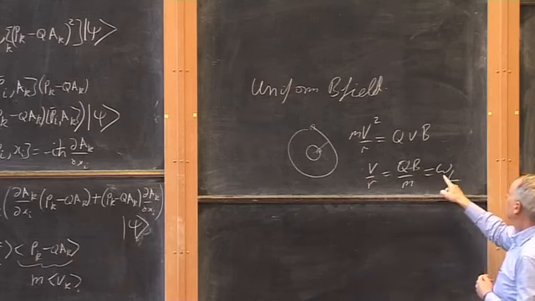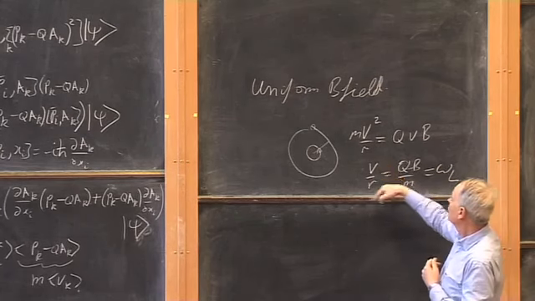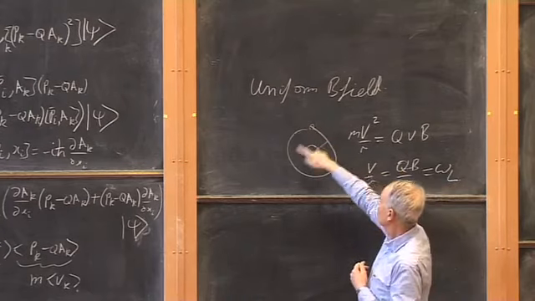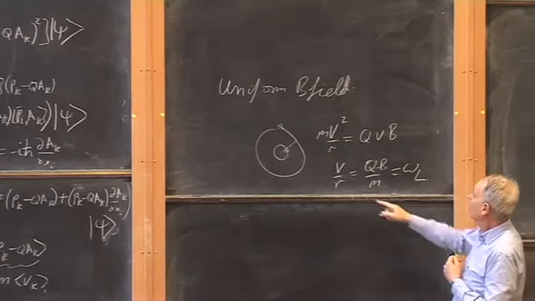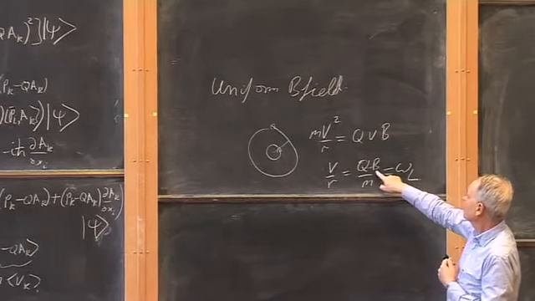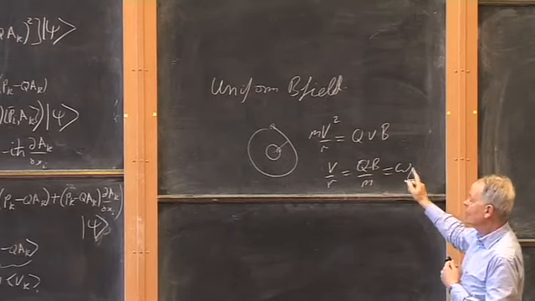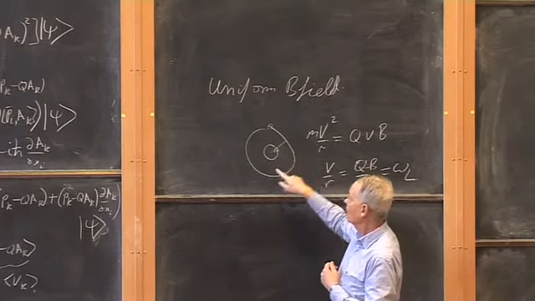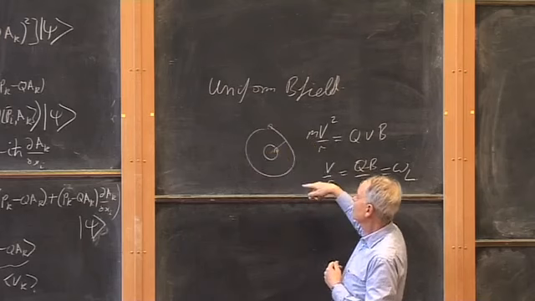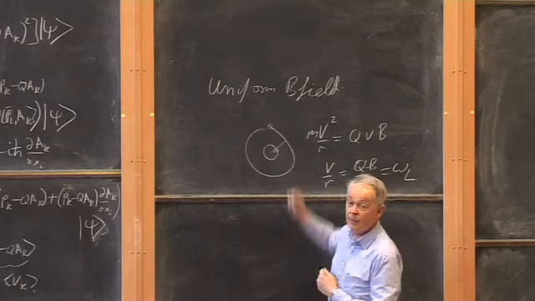So the angular frequency on which the particle goes on its orbit depends on the strength of the magnetic field and the charge and the mass, but not on the energy. It doesn't depend on how fast you're going. So fast particles go on big circles and take the same time to go around as slow particles.